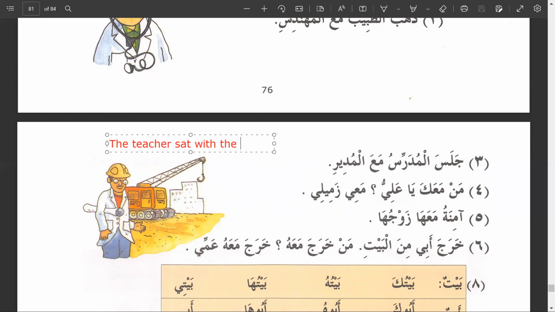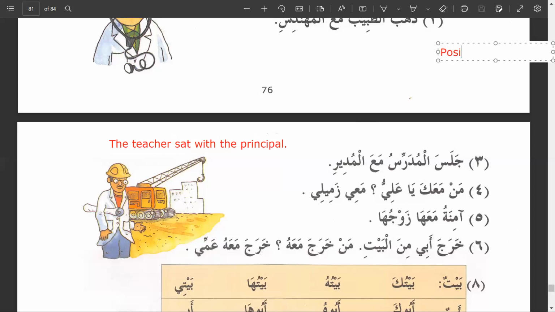Again, in which status is mudiri? Mudaf ilayh is the position. It's the position in the sentence. The status is jar because it's taking kasra. When I say status, status can be rafa, nasb, or jar. When I say position, position can be a doer, or an object, or a possessor, or a mudaf. Let me write here.